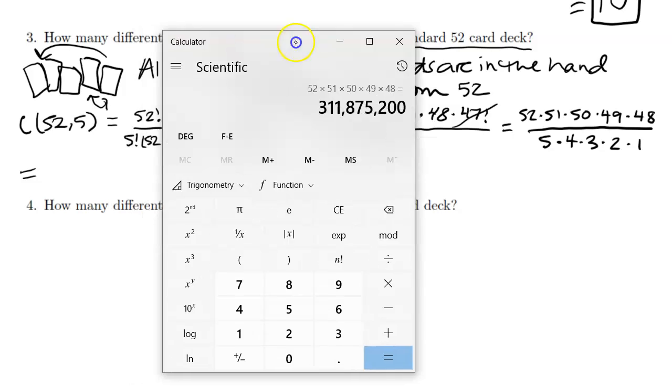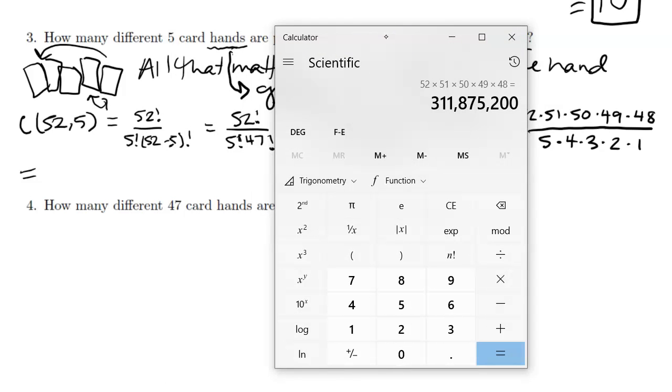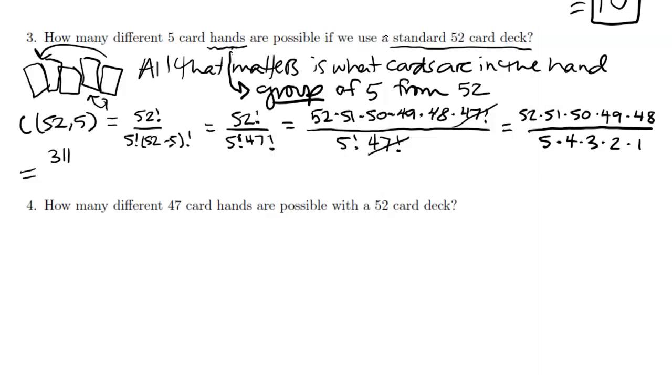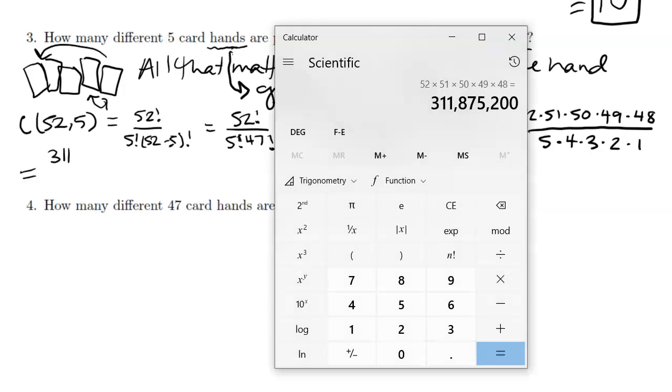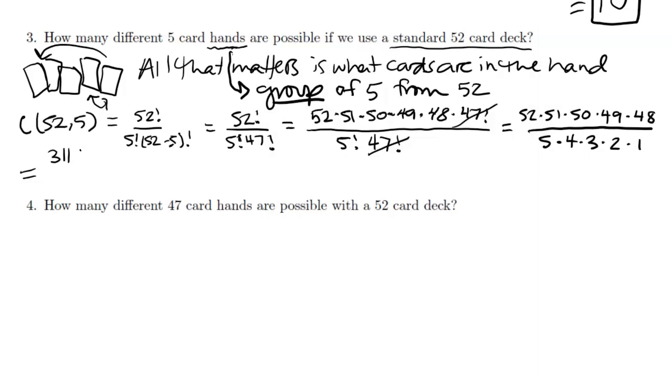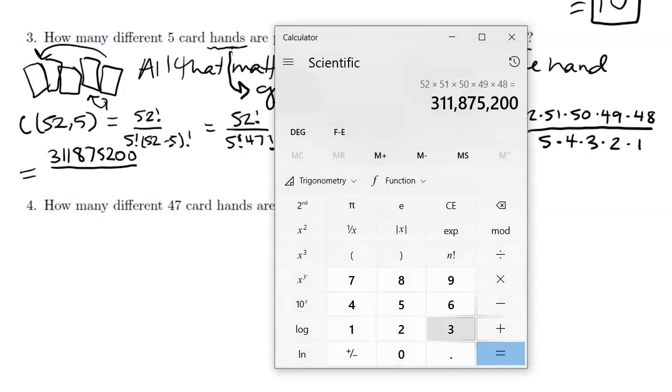So all those together is 311,875,200. And then we need to do 5 times 4 times 3 times 2 times 1, which is 120.